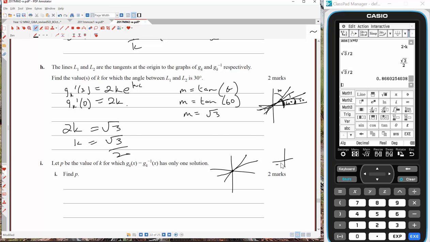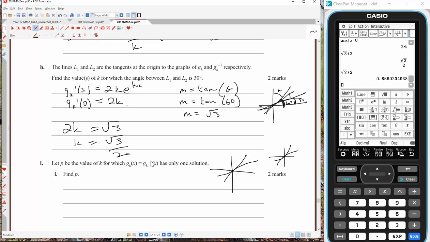Otherwise, they're going to do that thing of overlapping. That's a bad sketch, but you can't really see it there. So what we want is this scenario here. So we want the value of P where this occurs.